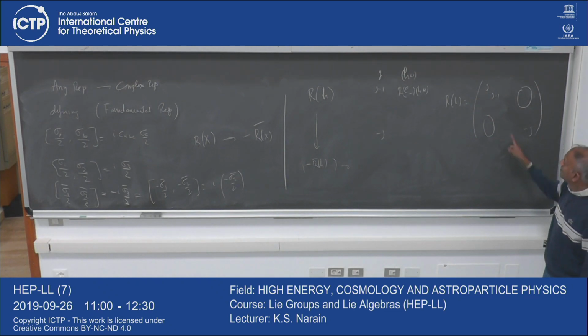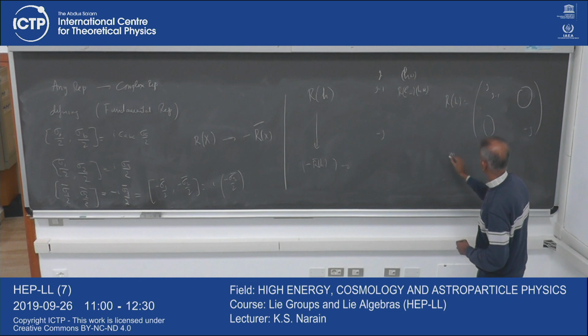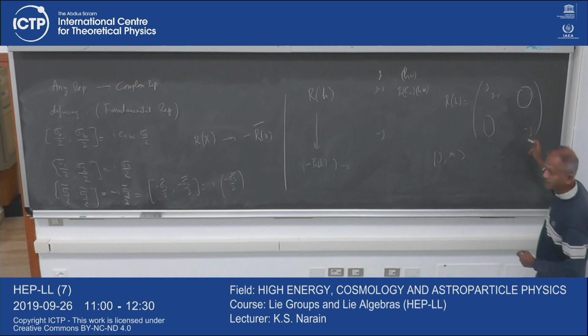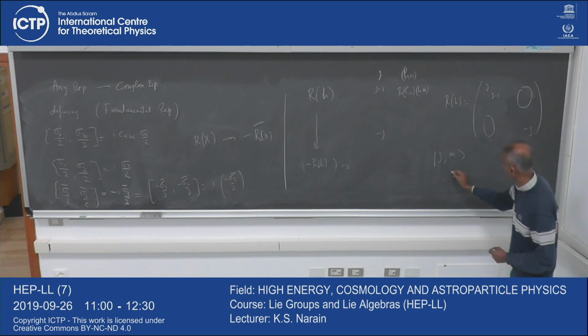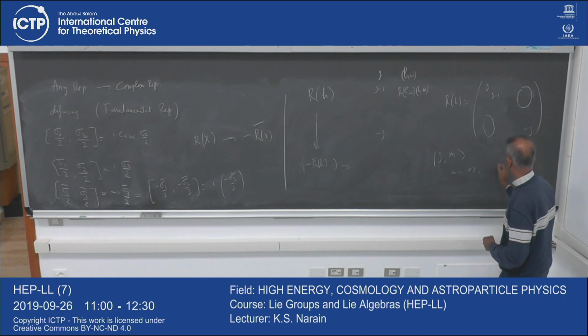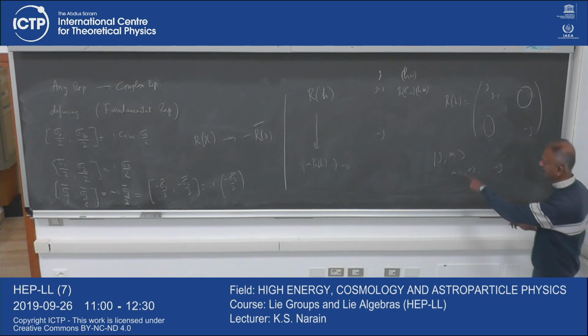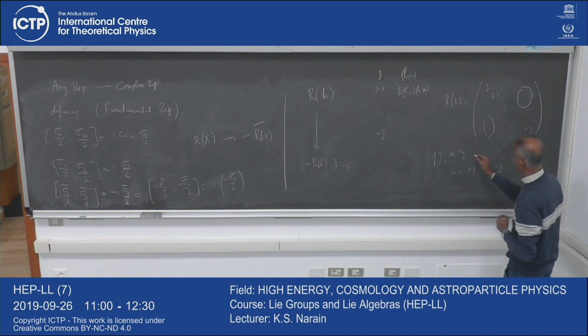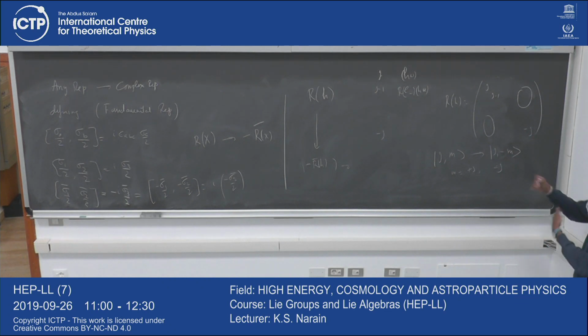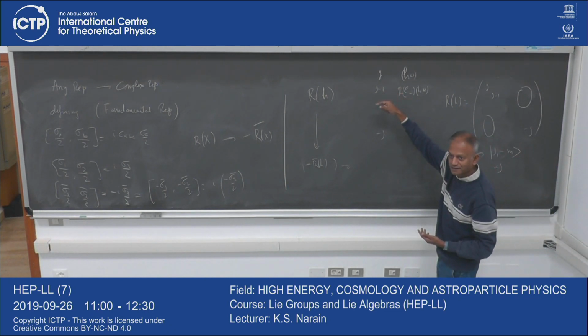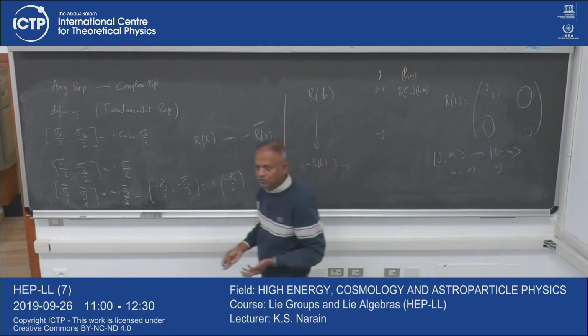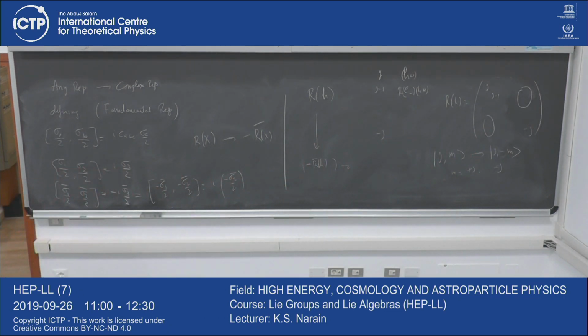That means the eigenvalues have changed: for some state labeled J, N, where J is the total spin and N is the particular state, N goes from plus J to minus J. Since the signs flipped, it essentially went to J, minus N. But that is clearly just relabeling the basis. You have just chosen a different basis. So that immediately shows that it's equivalent, because it's just a change of basis.